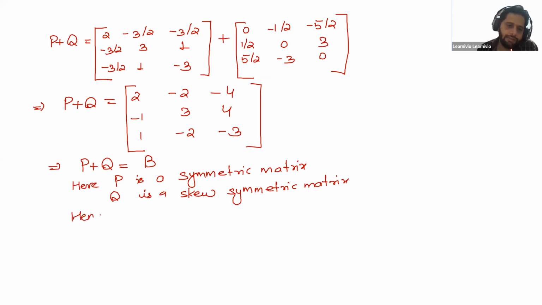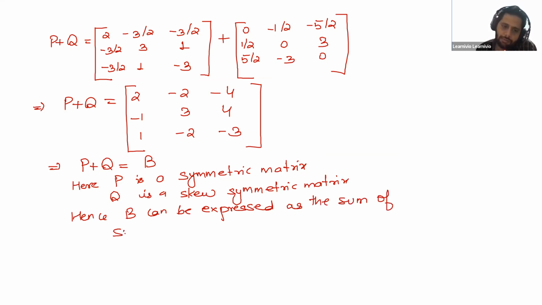Hence B can be expressed as the sum of symmetric and skew symmetric matrix.